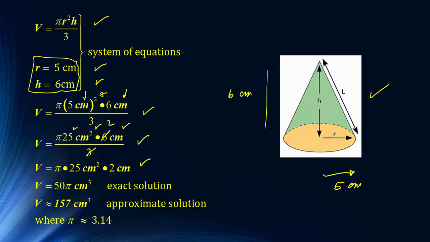At this point, we can multiply the numbers together. We can just rearrange everything. That's called the commutative property of multiplication. The order of multiplication can change without changing the value, just the way it looks. So what I've done is I multiplied the 2 and the 25 to get 50.